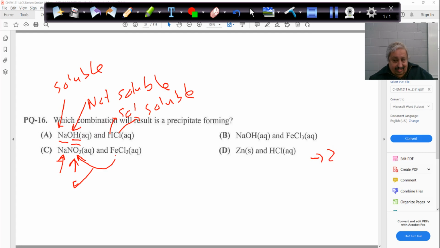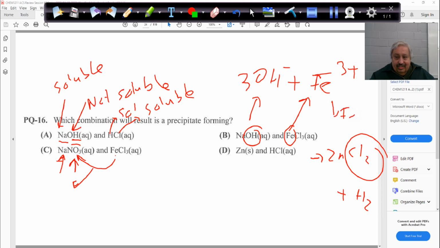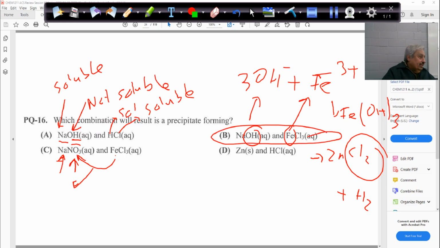There will be zinc chloride, which is soluble, and hydrogen. But here you have iron and you have hydroxide. Hydroxide is not soluble. So you mix this plus iron, this is 3 here, it will be Fe(OH)3. Iron 3 hydroxide insoluble, correct? So option B is when you make the hydroxide insoluble with iron. All the other options are soluble, correct?